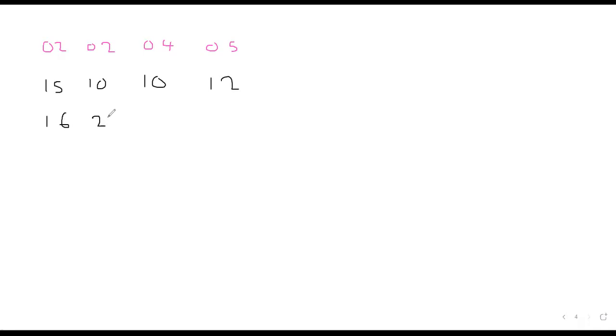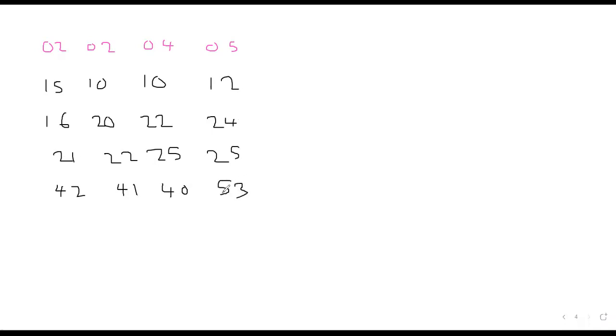Here we have 20, 22, 24, 21, 22, 25, 25. We have 42, 41, 40. We have 53. So we're being asked to draw a stem and leaf diagram using this.